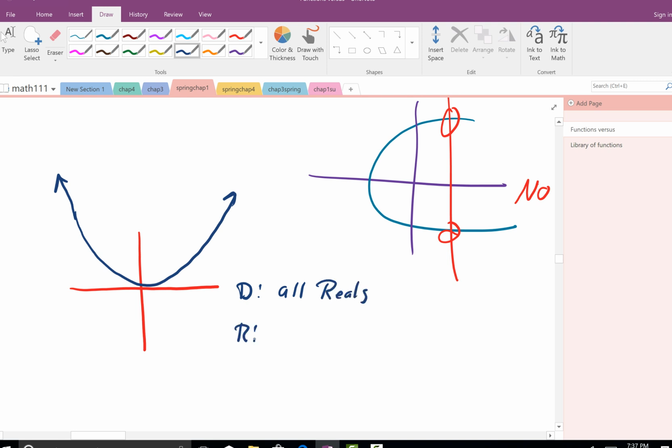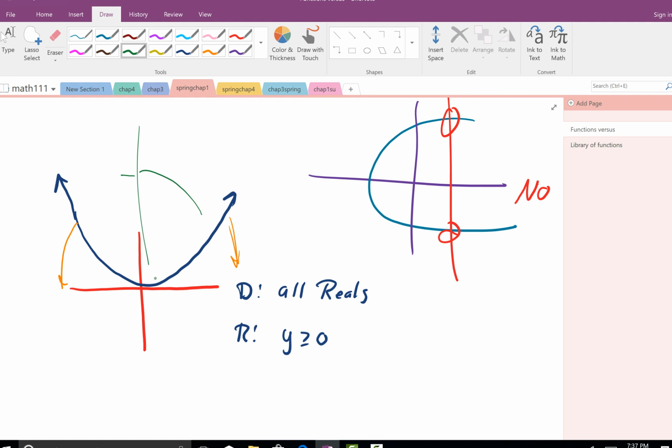Range, y greater than or equal to 0. If you want to write it in interval notation, you can. All right, if you want to keep it like that, you can also. All we're doing for the domain is we want to shove this graph down, and for the range, we're going to fold it up so it covers everything there. That's how we do that.